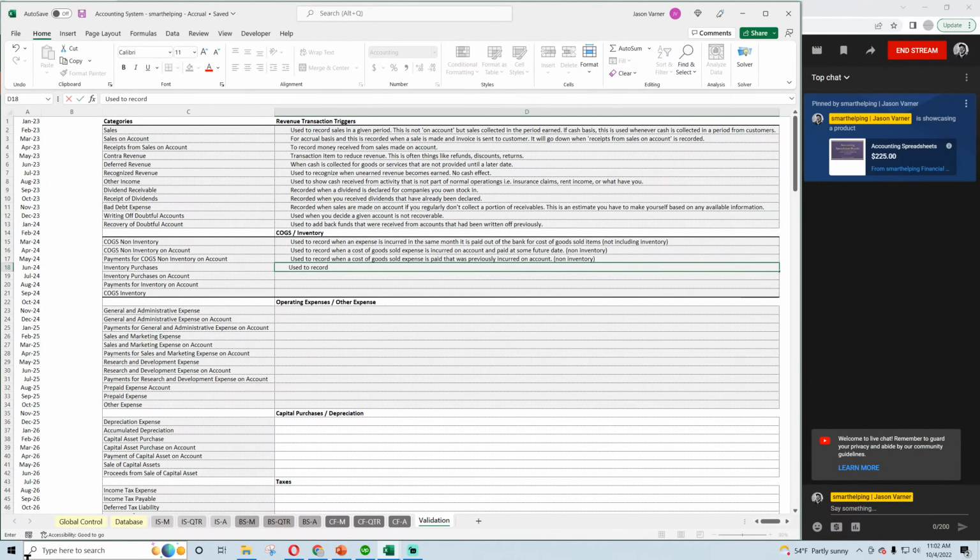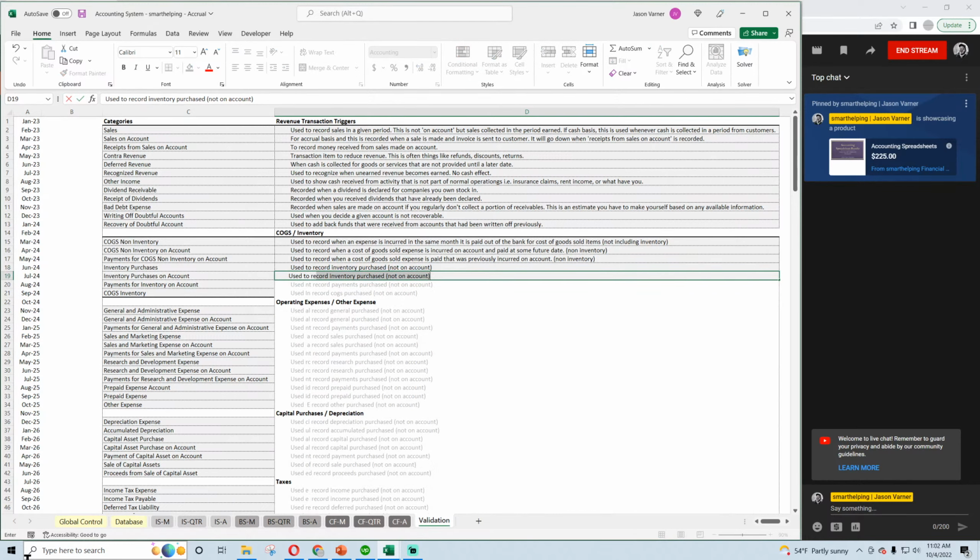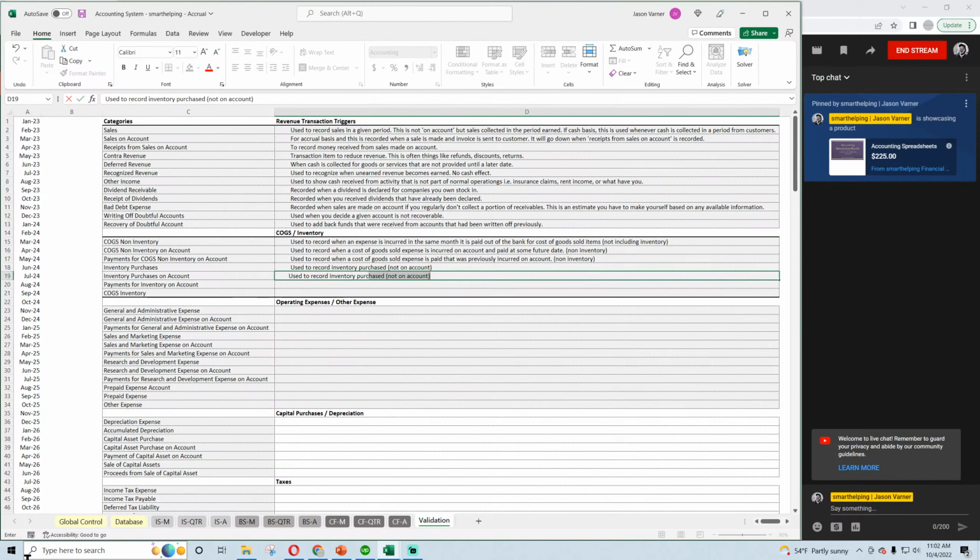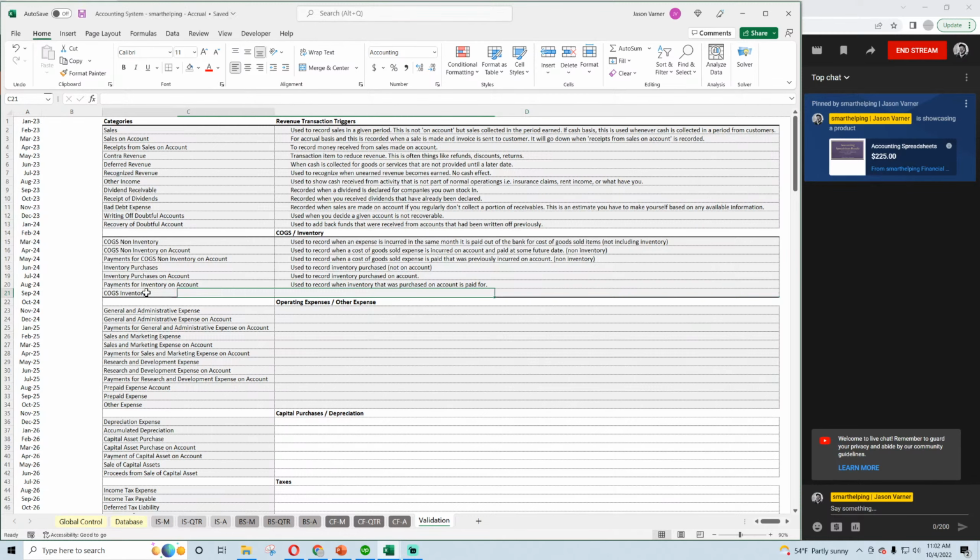Used to record inventory purchased not on account. And then the next one, used to record inventory purchased on account. Used to record when inventory that was purchased on account is paid for. And we'll get into the cost of goods sold inventory.